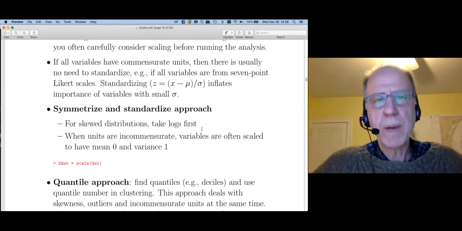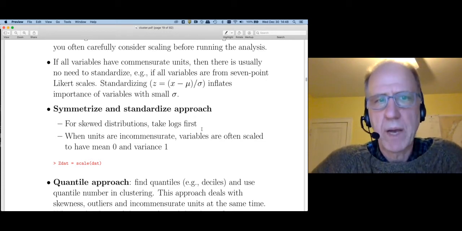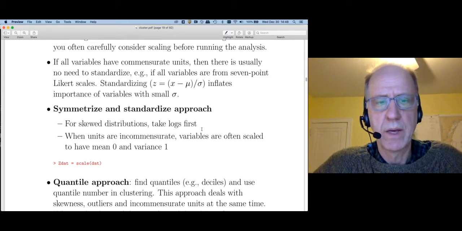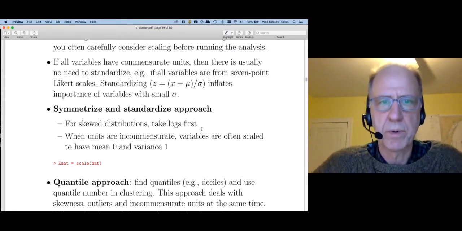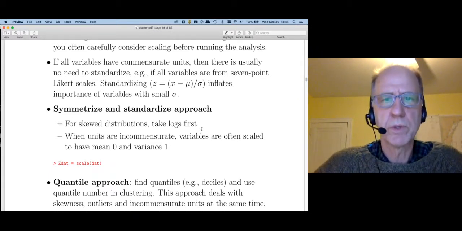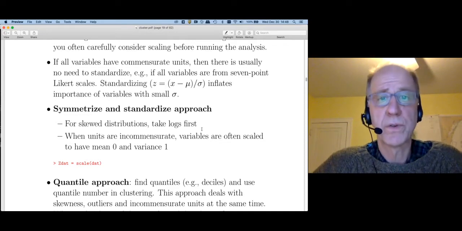Well, there are two main approaches to standardizing. I call these the symmetrize and standardize approach and the quantile approach. So the symmetrize and standardize approach says this: if you have skewed distributions, take logs first.